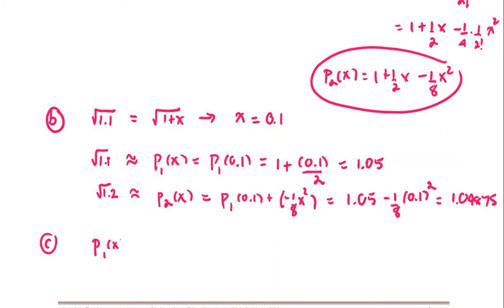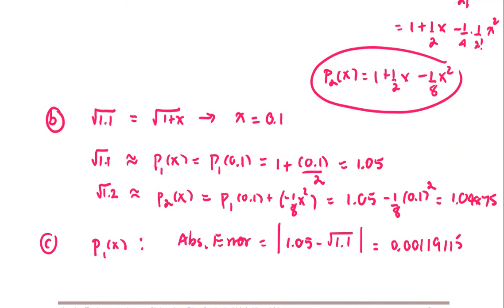From the linear approximation, the absolute error equals the absolute value of the approximation minus the exact. The approximation is 1.05 minus the exact, which is square root of 1.1. And then we get the value negative 0.001191115.